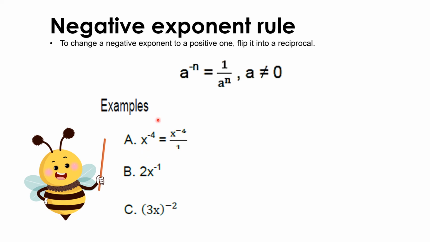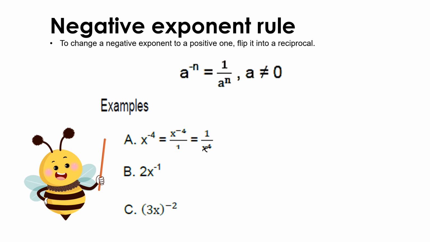So before getting the reciprocal, para hindi malito yung iba, x raised to negative 4 is also equal to x raised to negative 4 over 1, right? So to get the reciprocal, pagbabalik na rin lang yung numerator magiging denominator and yung denominator magiging numerator. That would give us 1 over x raised to positive 4.